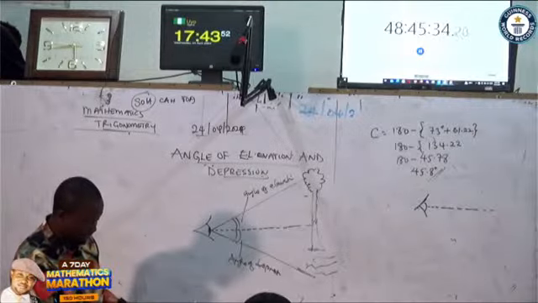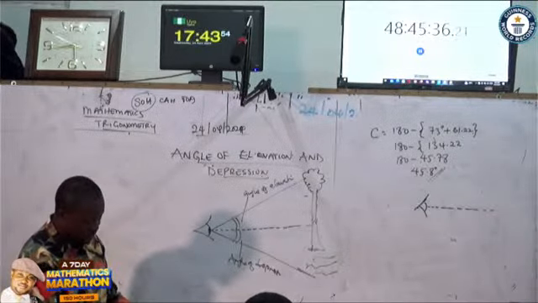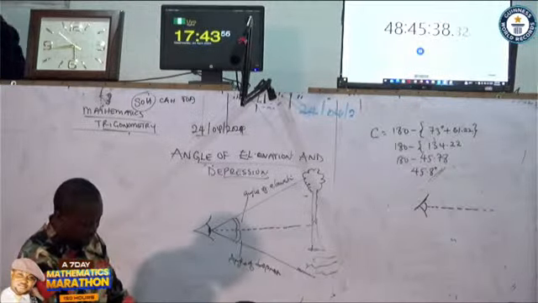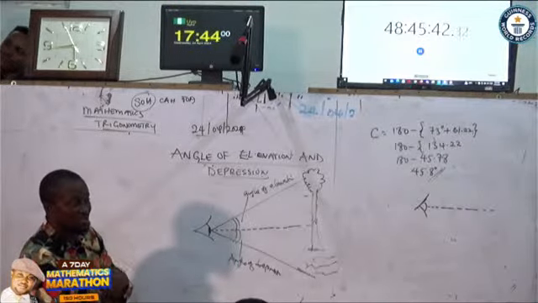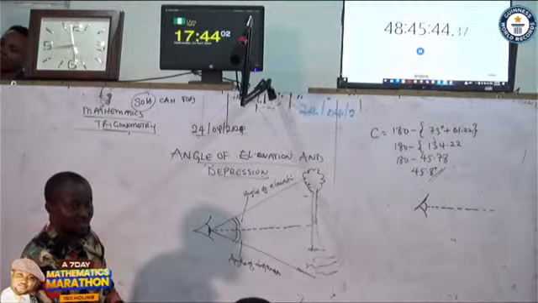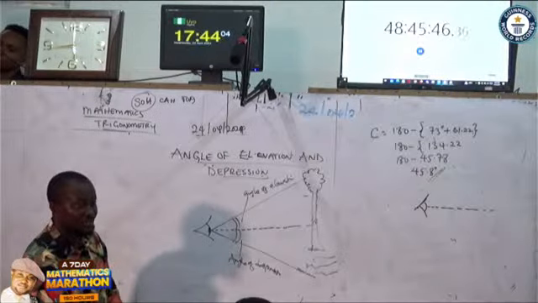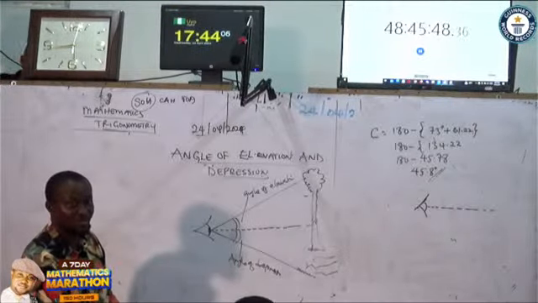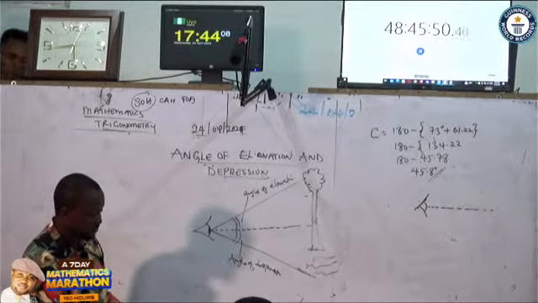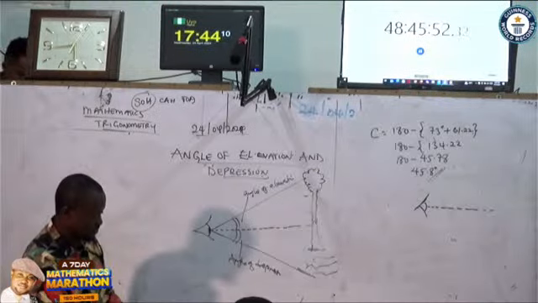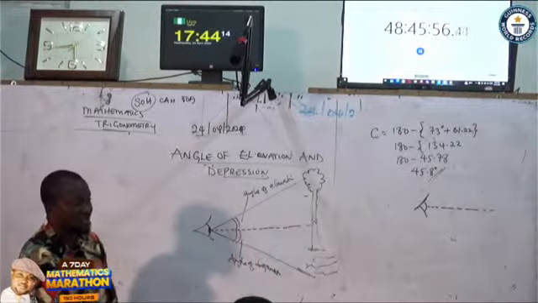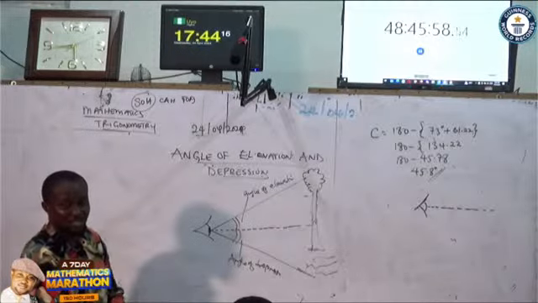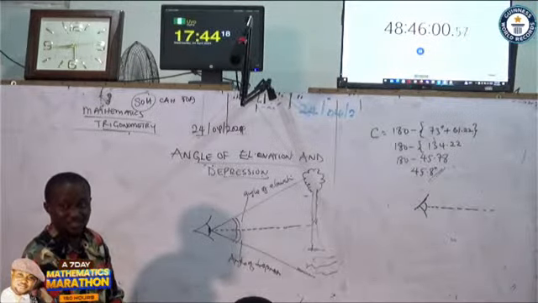So, angle of elevation and depression are mostly applicable in solving problems that have to do with height, distance, the top of a cliff. Most of the time, this question doesn't miss JAMB or WAEC.